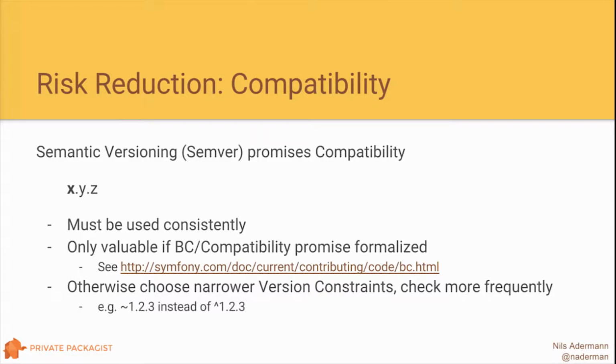We would always recommend you use the caret operator, which is the semantic versioning operator that follows exactly this promise. But if you know that this library doesn't follow it, then maybe use the tilde operator to only increment the last digit, or maybe use a specific version number. If you don't trust them, just modify how much you want to update immediately, and then make more conscious decisions to review something as you update.